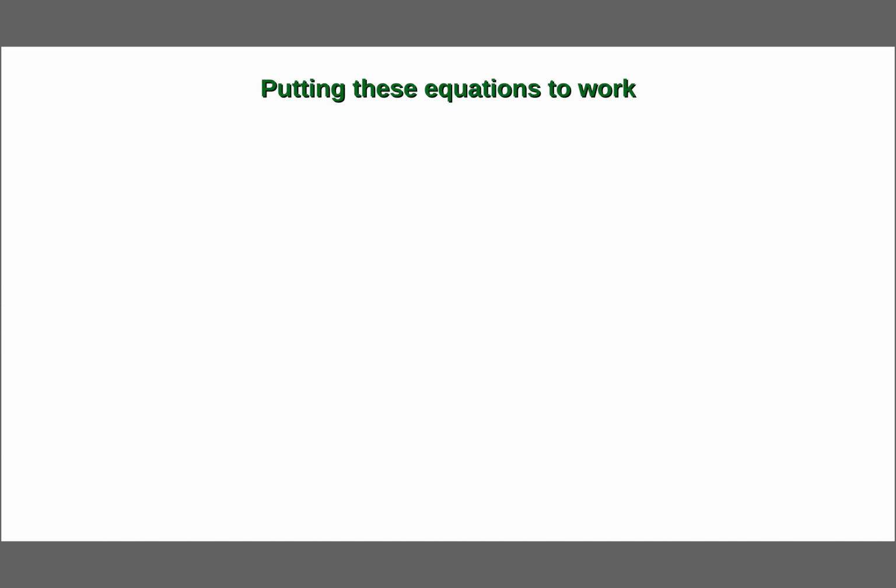So how do we put these equations to work? The first thing to remember is that you get to choose the coordinate system. And I've said that many times at this point, but I always want to remind you that you get to choose the coordinate system, so choose it in a way that makes the problem easy for you. And what does it mean to choose a coordinate system?